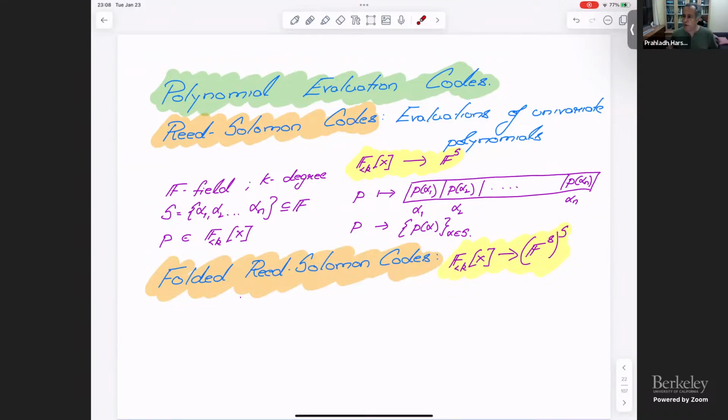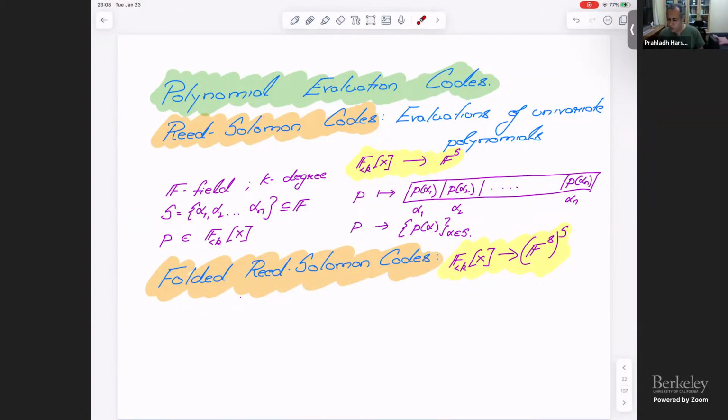It's this notion of folded Reed-Solomon codes. These were introduced, at least in the list decoding context, by Guruswami and Rudra. They were introduced in a slightly different context earlier on, but in the list decoding context by Guruswami and Rudra.